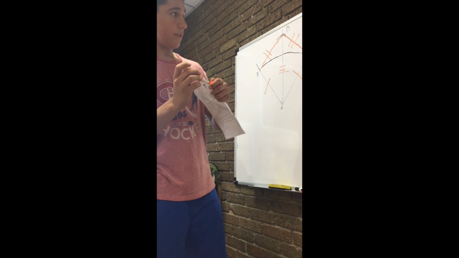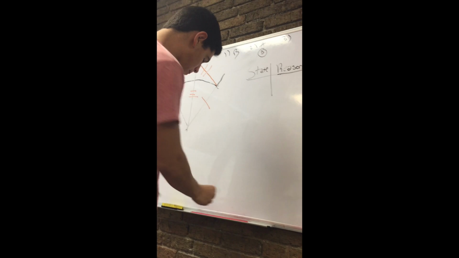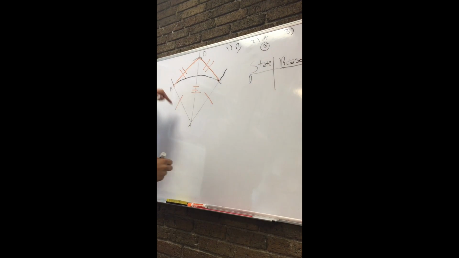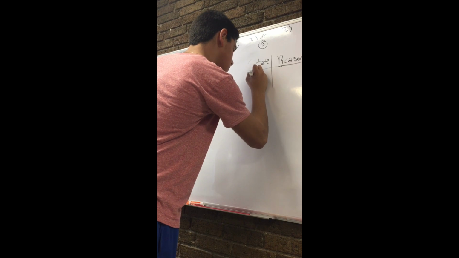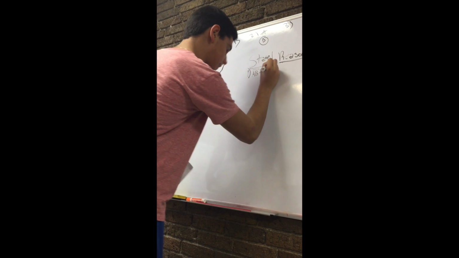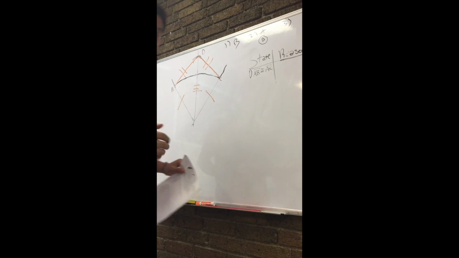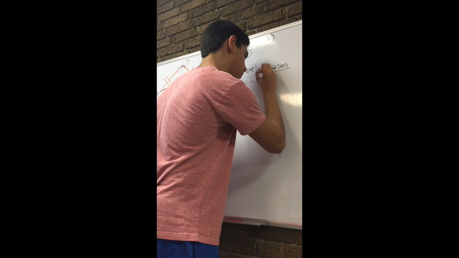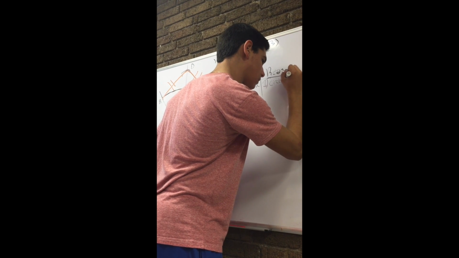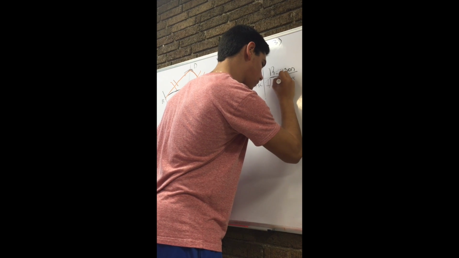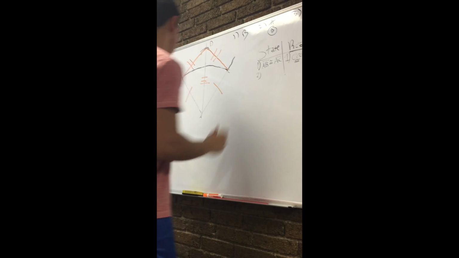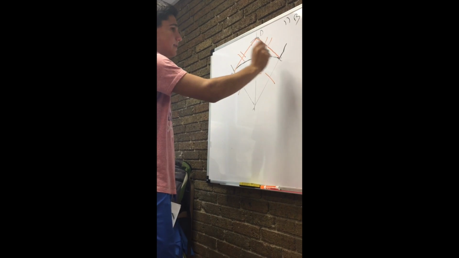So over here, I'm just going to fill out a little statement of reason. I'm going to put 1. AB is congruent to AC, and I'm going to say that because circles have congruent radii. Number 2 is going to be BD is congruent to CD.